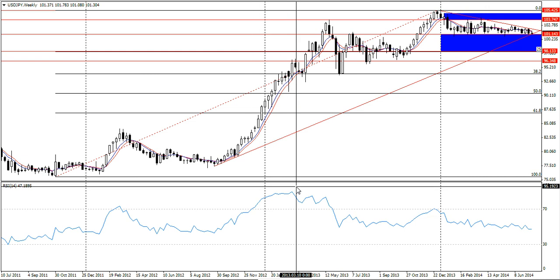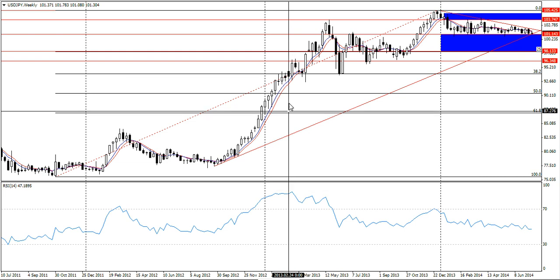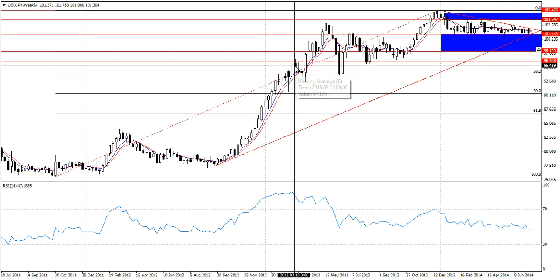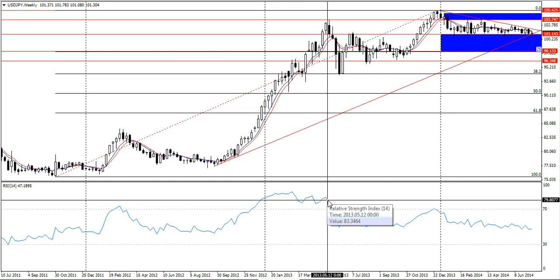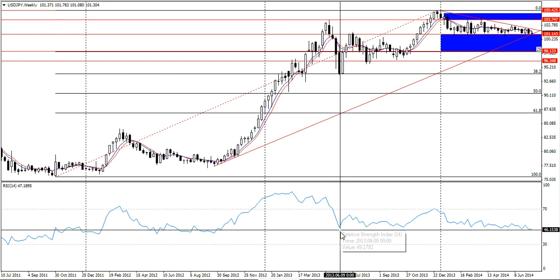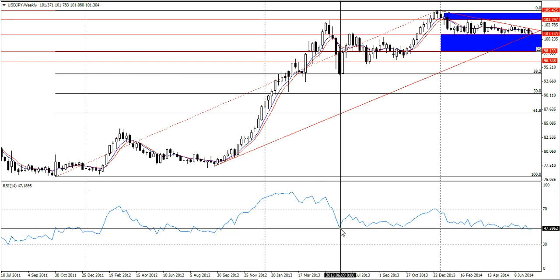If you can see this area here, the peak on the strength was back here a year ago in March, but we still kept getting highs with less strength. Okay, we diverged on the peaks as well as on our lows.